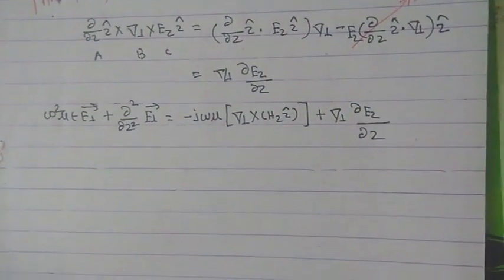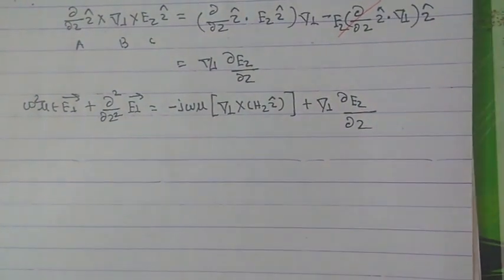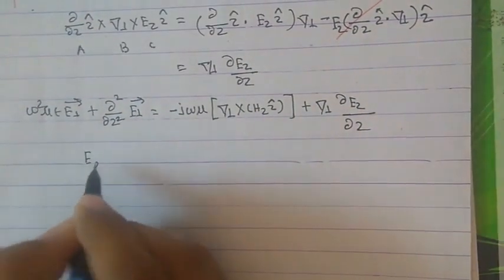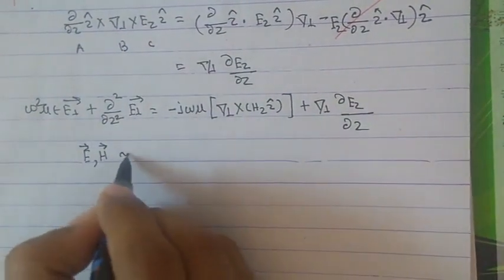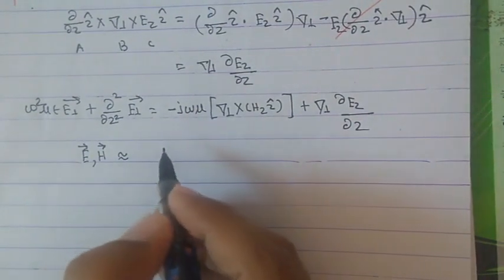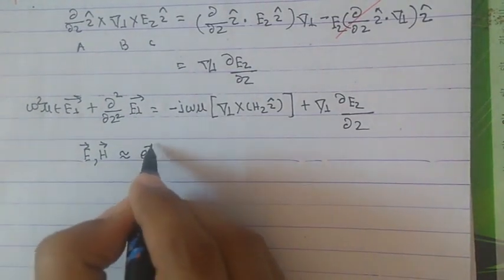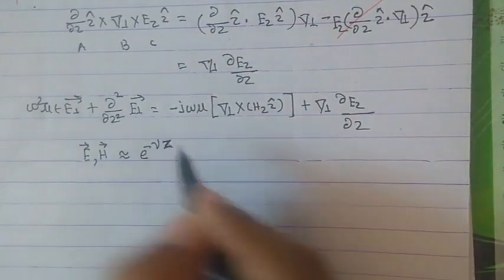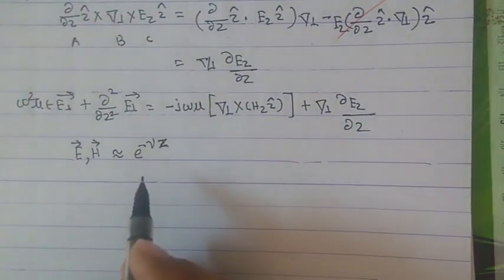Now, before proceeding further, let us try to recall that your electric field and magnetic fields are a function of your propagation constant. So this is a function of your propagation constant, and if it is a traveling wave, that will be a minus gamma.